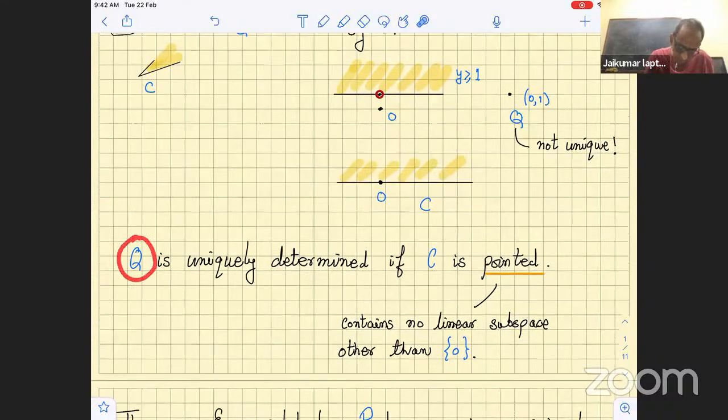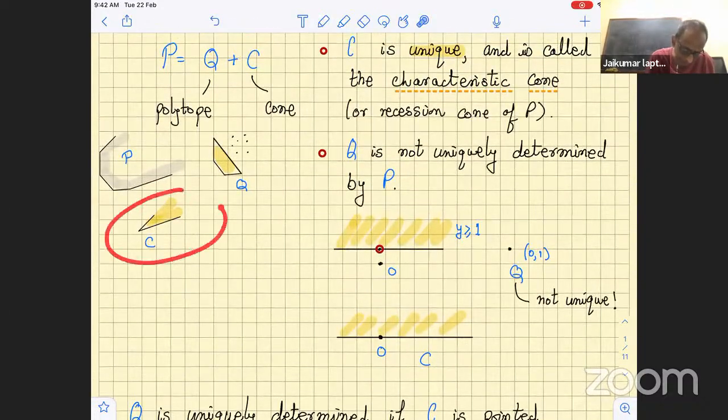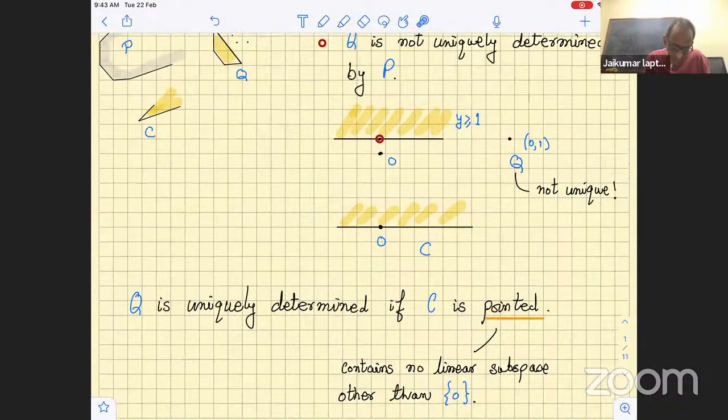But if this cone is pointed, meaning it has something like this. So when do we say that a cone is pointed? If there is no linear space contained in the cone. So this cone is not pointed. If the cone is pointed, then this Q is uniquely determined.